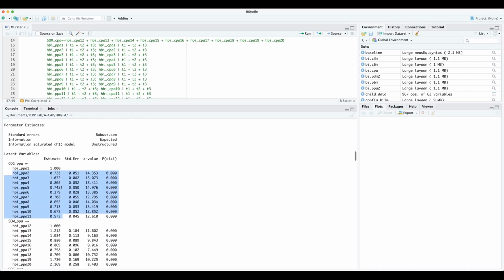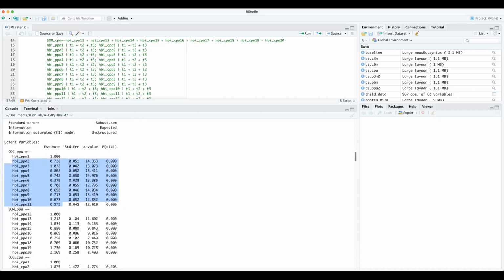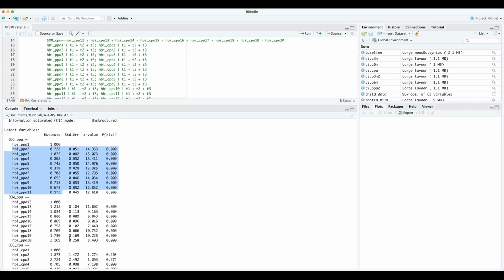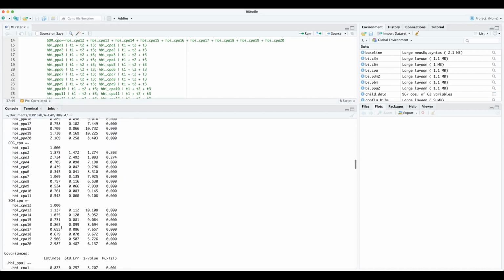But this is showing me that everything is loading strongly. The first 11 questions load onto the first factor, and then the next 9 questions onto the second one. This is for the parent. This is for the child.